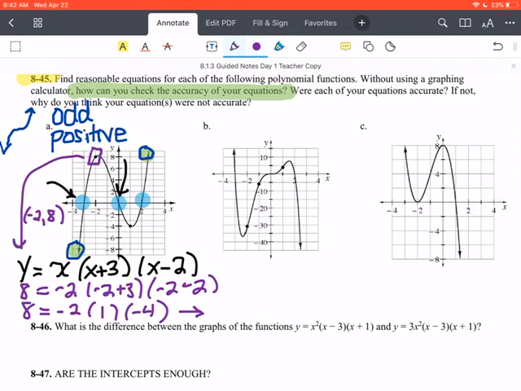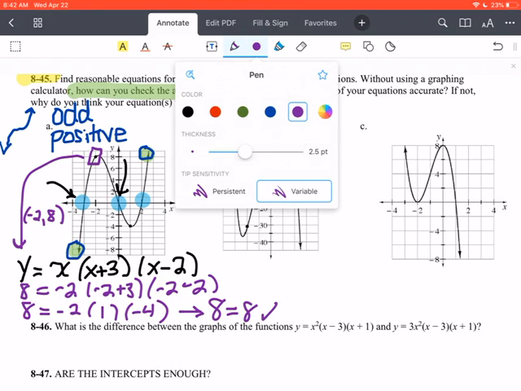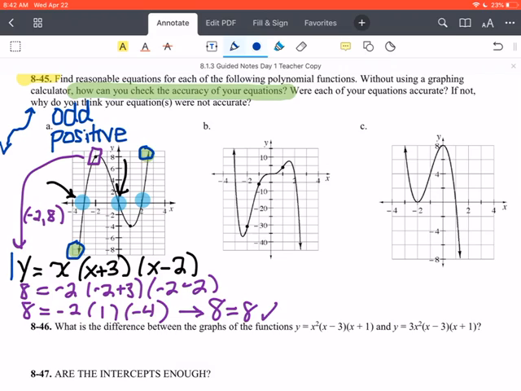Well, -2 times 1 times -4, 8 equals 8. So when we get a number equaling itself, we can be very satisfied that this equation does fit the graph that we are given. Okay? So that's the process that we're going to go through on this first question. So you might want to pause me and try a few of these on your own. If not, keep following along.